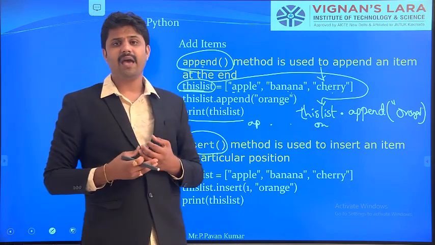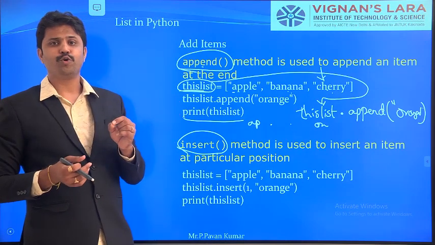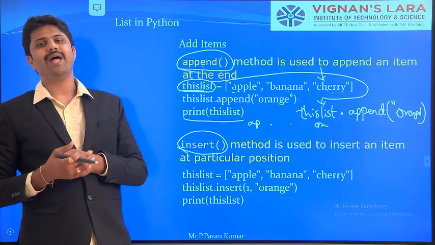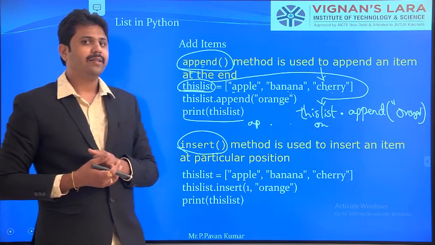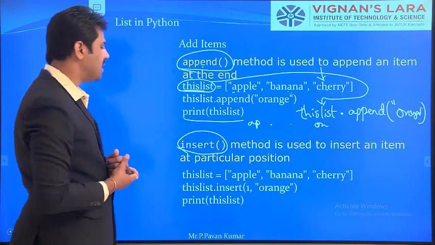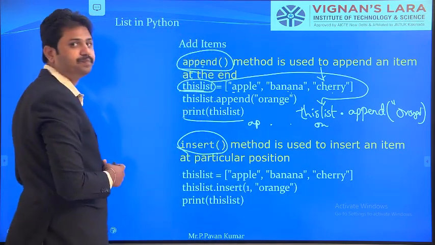Insert is a method which is also used to insert a value into the list, like append. But there is a difference. What is the difference? Let us see. I have a list: apple, banana, and cherry.